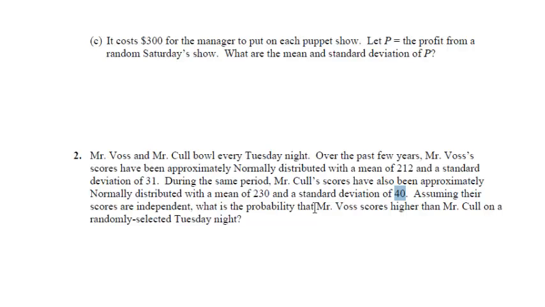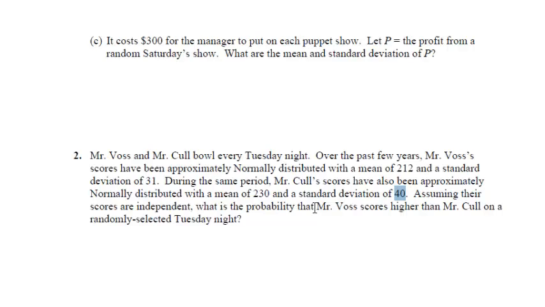And then we can say, all right, Voss minus Cole. We want Voss to be higher than Cole. So we want any score that's greater than 0 or 0 itself. Well, I guess 0 is our borderline. We want all the numbers greater than 0 for when we're doing the z-score.